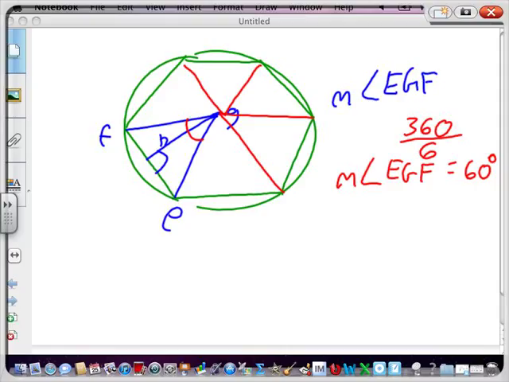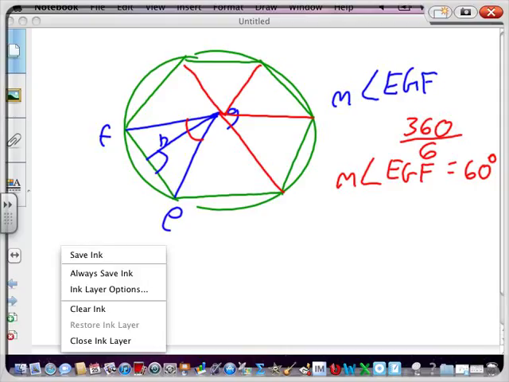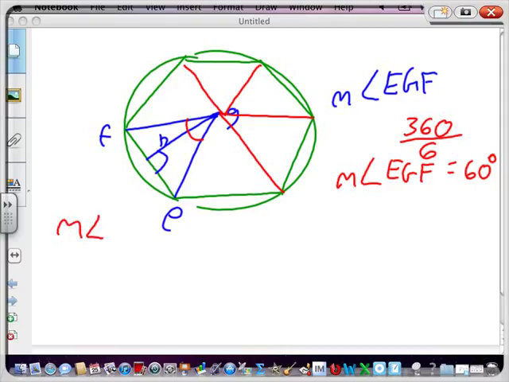Now we want to find the measure of angle EGH. What would that be? Look at it again. 30. And how did you discover it was 30 degrees? Because it's half of 60. Okay. So what would HEG be?